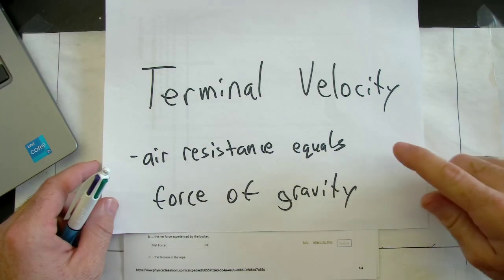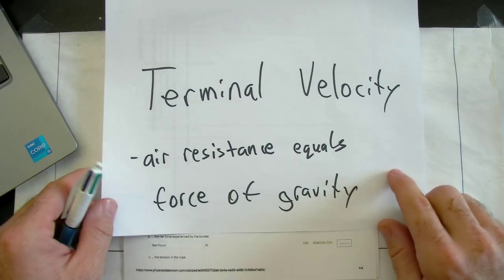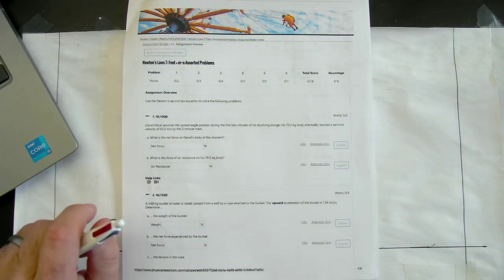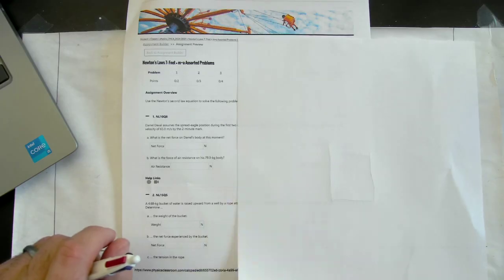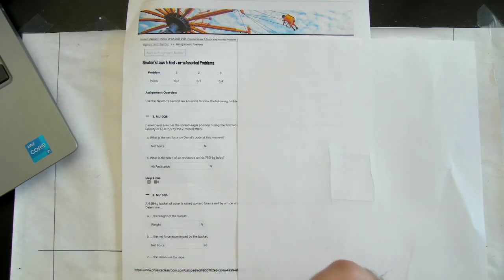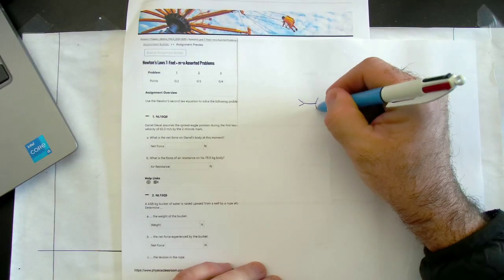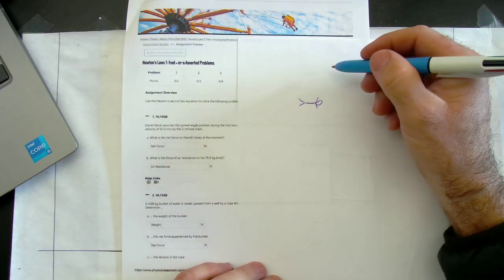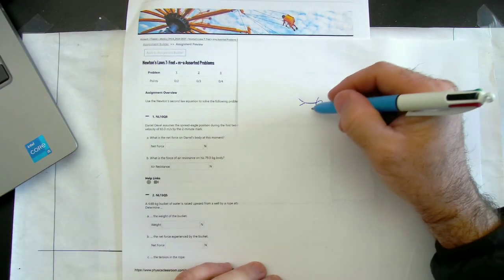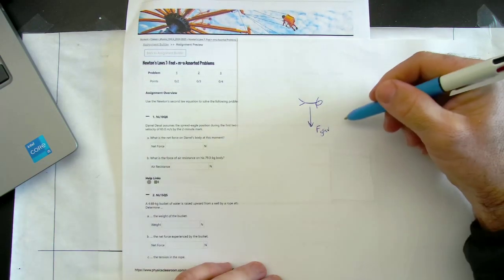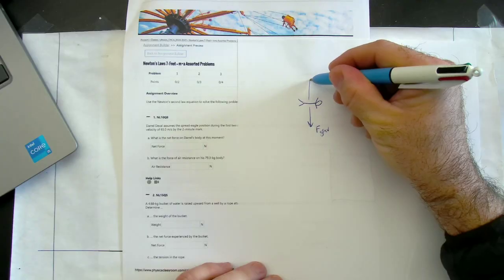Terminal velocity is when air resistance equals the force of gravity. So if you were to draw a little bit of a force diagram here of this guy who's falling down, there's the force of gravity, and then there's the force of air.